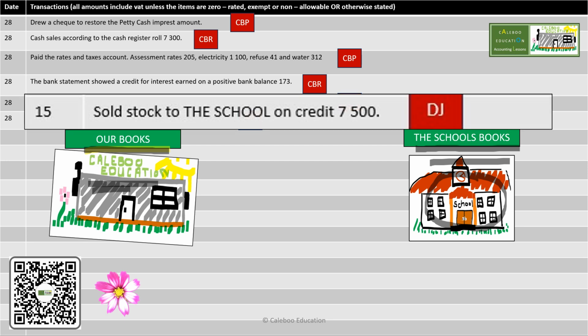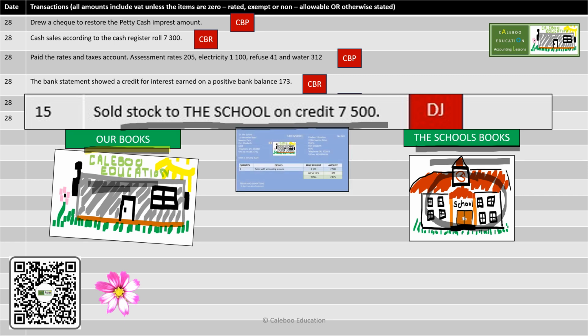So we, Calibre Education, sold stock to the school on credit, 7,500. Now what happens is we issue a credit invoice. This was on credit. And on this document here, it says there's a sale from us, Calibre Education, to the school, 7,500.